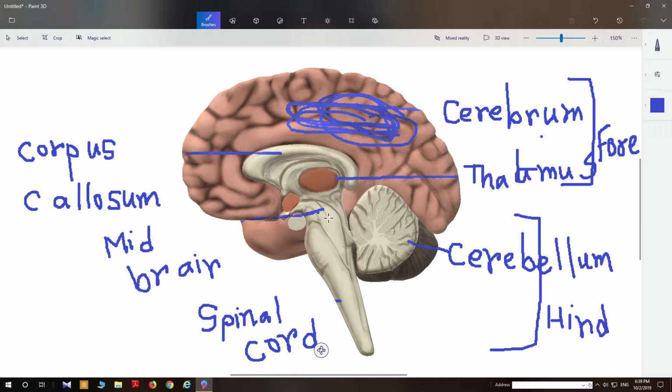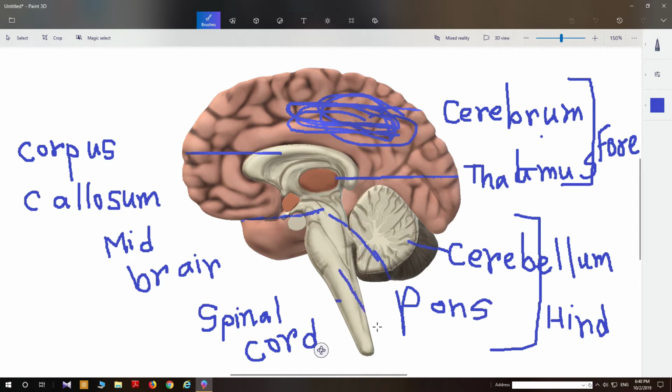This part is called pons. I'm just writing, then you see and remember. It forms a connection between the cerebellum and the medulla oblongata.